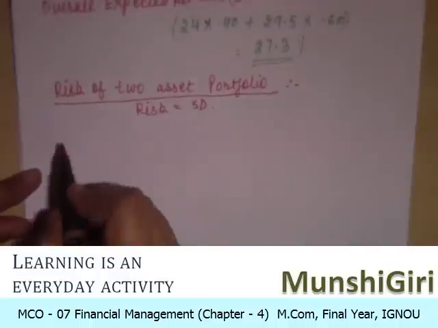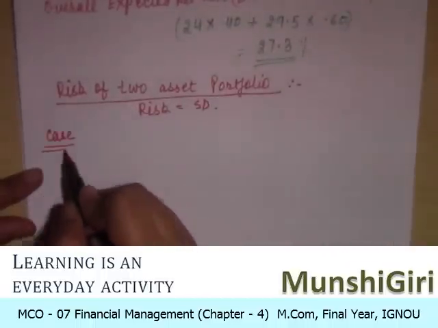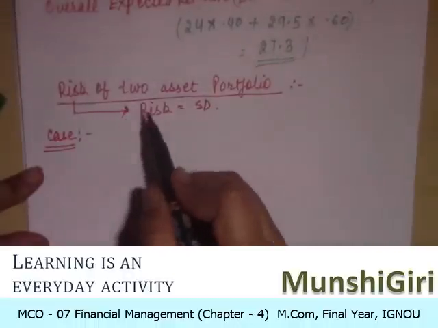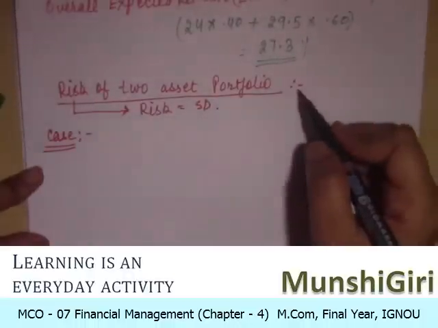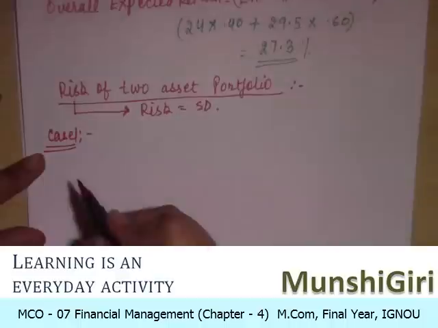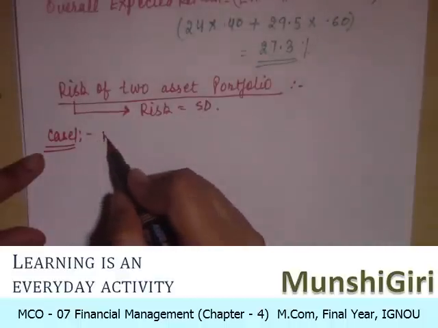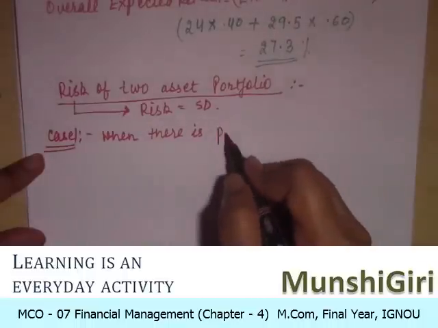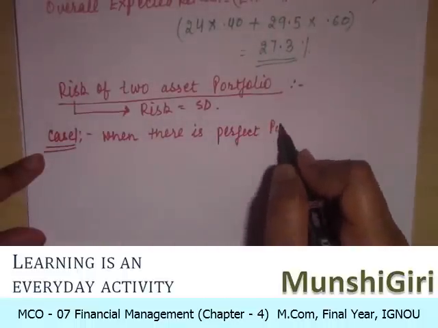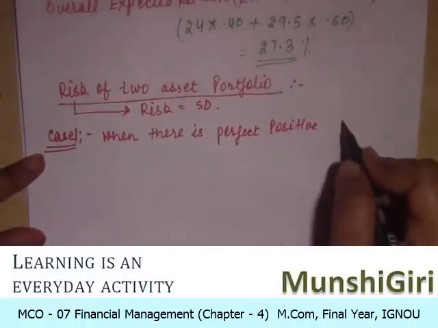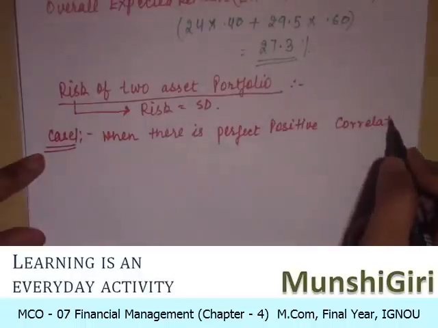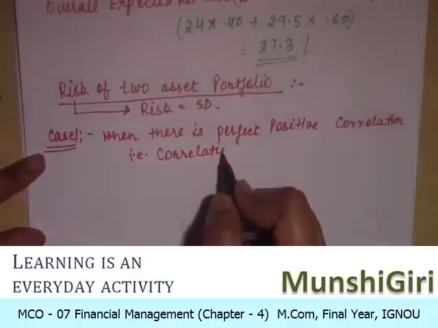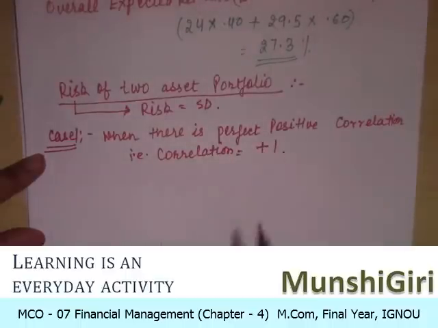Case 1 is how we calculate the standard deviation of a two asset portfolio when there is perfect positive correlation, that is correlation equal to plus 1.